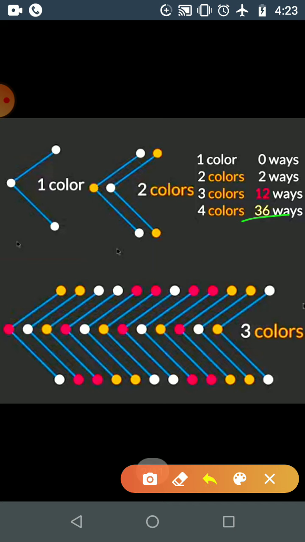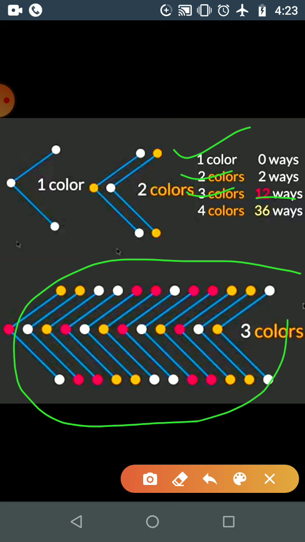Okay, so here I just explained: one color is given, 0 ways, because the graph has an edge, and whenever there is an edge in a graph, at least 2 colors are needed. So for one color it is 0 ways, for 2 colors 2 ways, for 3 colors 12 ways, and here I have just explained.